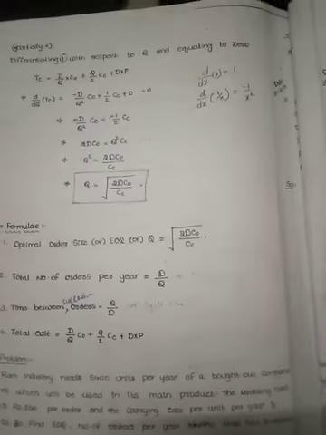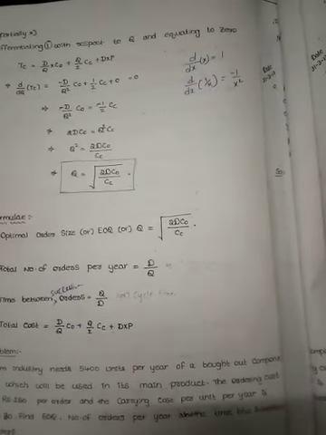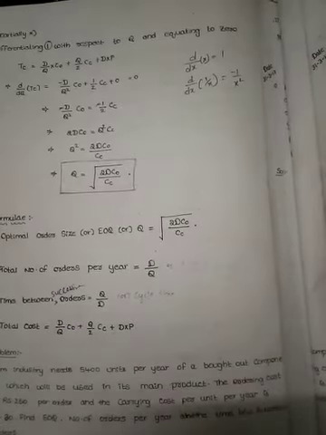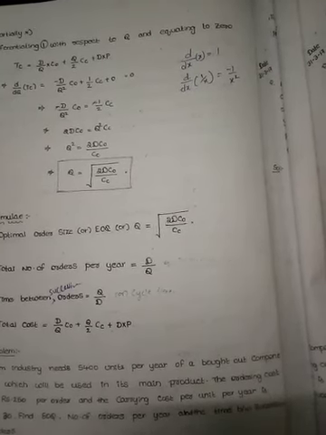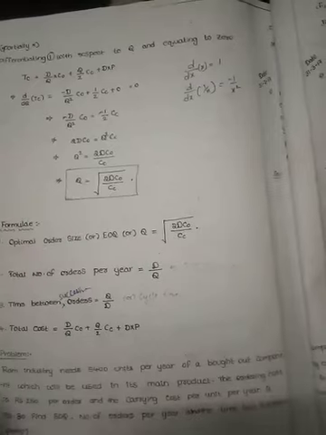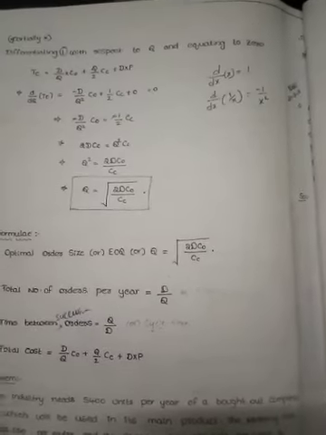To find the formula for optimal order size, differentiate equation 1 with respect to Q and equate it to 0.